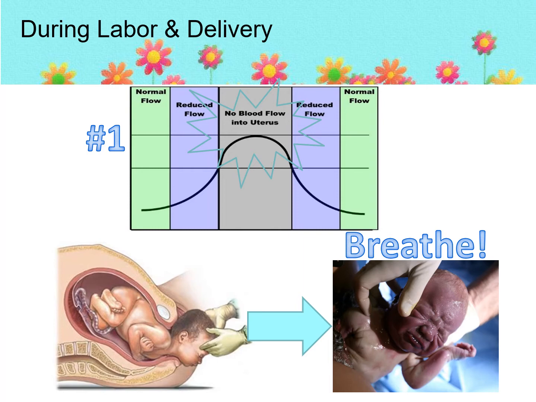Then in the bottom left, while baby is moving through that birth canal, there is no air supply. So both perfusion being cut off during contractions and going through the birth canal cause mild asphyxia for the baby. This stimulates the respiratory center of the brain.